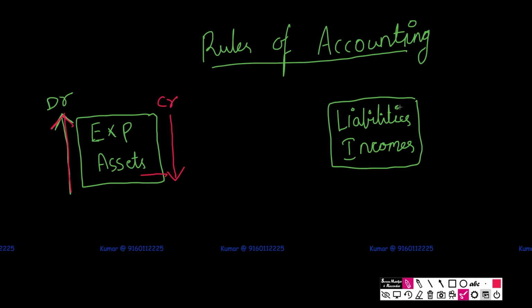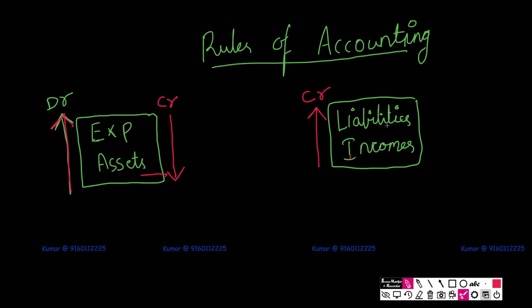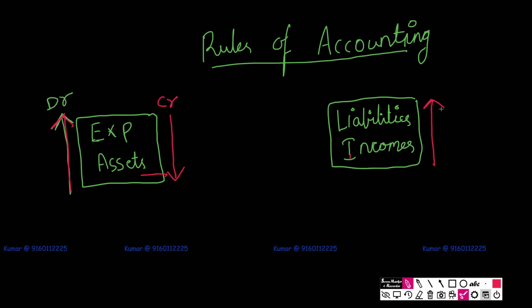And for liabilities and incomes, whenever liabilities and incomes are increasing, we need to credit. When liabilities and incomes are decreasing, we need to debit it.